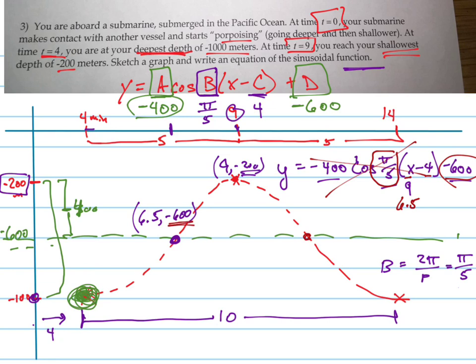Same thing if you plug in this point right here, which is 2.5 away from 9, which would be 11.5. 11.5 minus 4 is 7.5. 7.5 divided by 5 is 3 halves. Follow? So 3 pi over 2, the cosine of 3 pi over 2 is 0. So that cancels out again, and you get negative 600. And sure enough, that's your point, 11.5 comma negative 600.